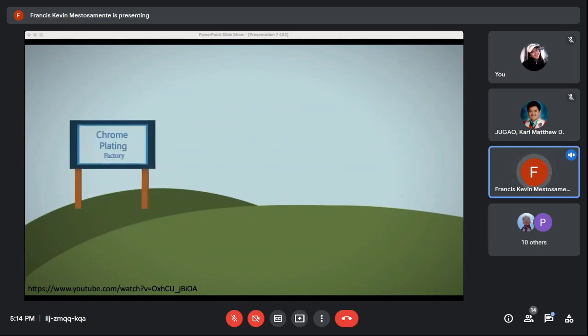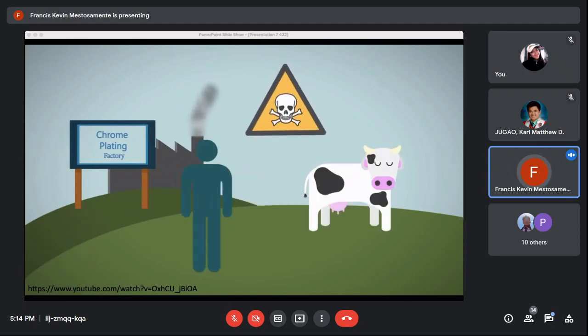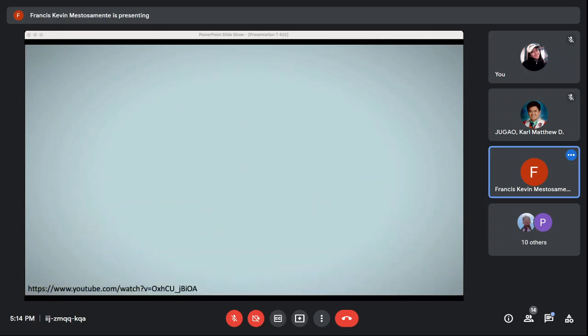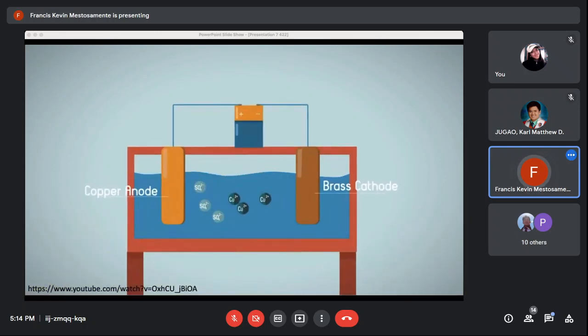Chrome plating, for example, creates waste materials which are dangerous to humans and animals. Waste products have to be treated accordingly to make sure they are safe, which can be very expensive. And finally, most importantly, for current to flow, the ions need to be able to move. So the compound must be molten or dissolved in a solution.